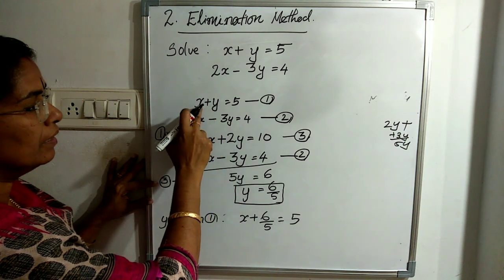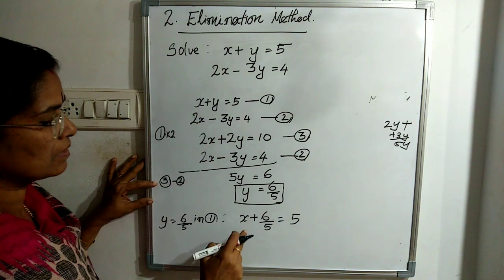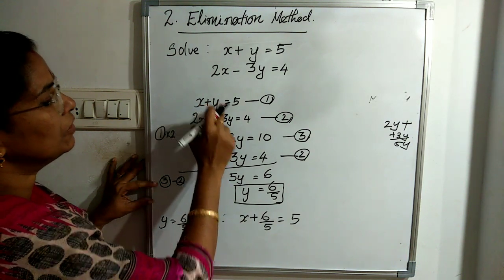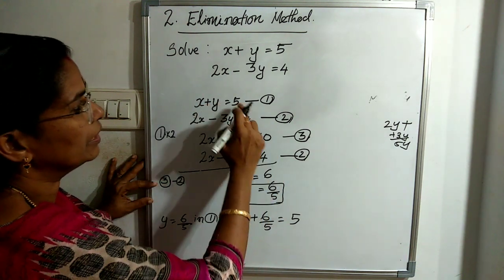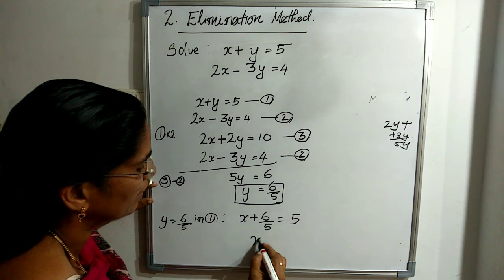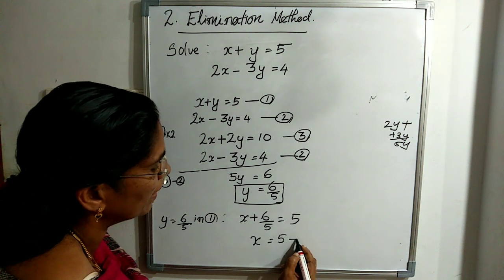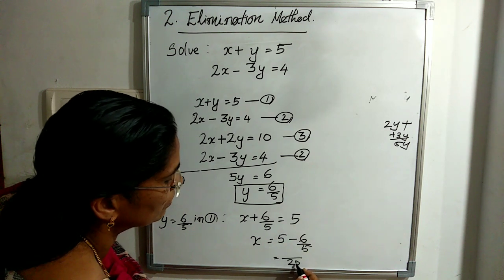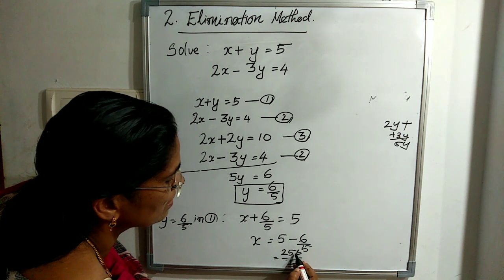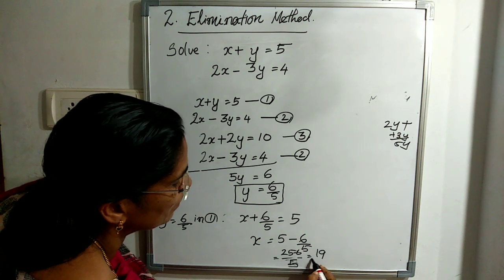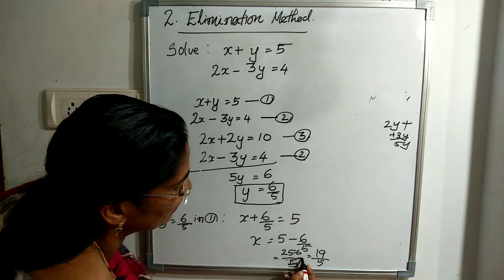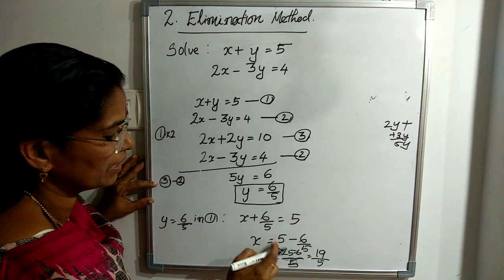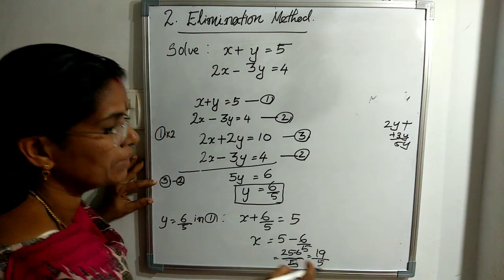And x is equal to 5 minus 6 by 5. Taking the LCM, 5 fives are 25, 25 minus 6 is 19 by 5.